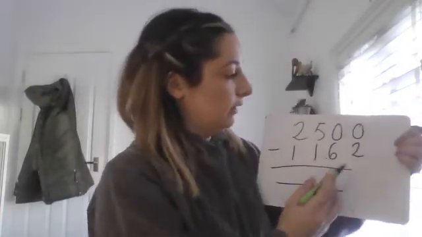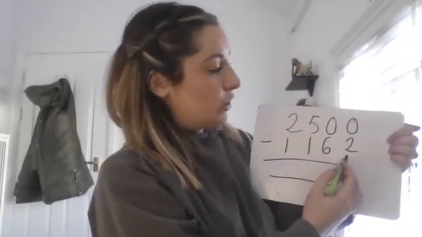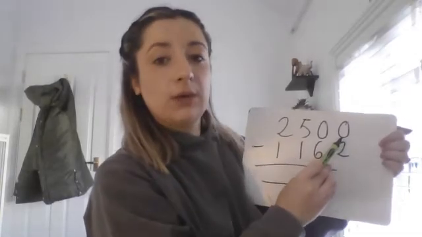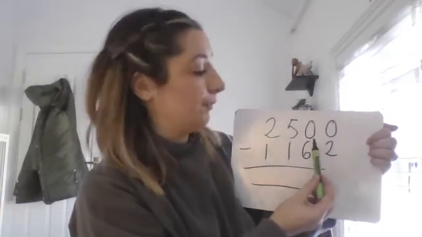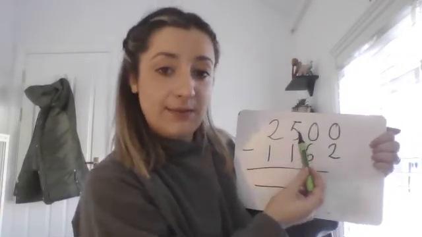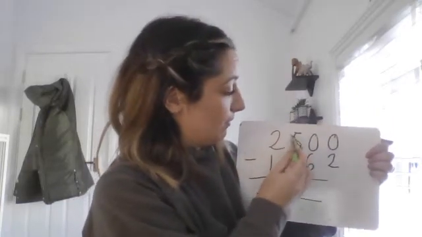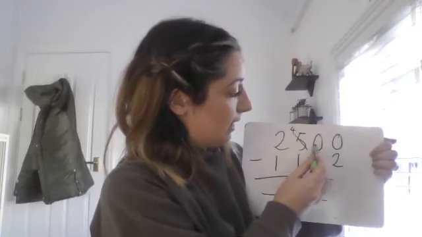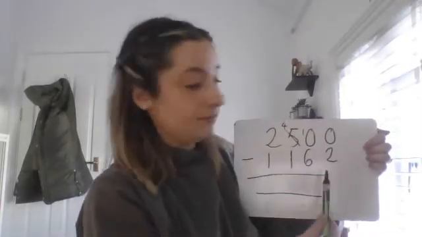Okay, I'm just going to move this way. It's easier for me to write. So I've got 0, take away 2. I've got a smaller value on top, so I need to go and exchange next door. But I've got a problem because that's also a 0. So I go to my next place value, which is on a 500. So I'm going to exchange. My 5 turns to a 4. My 0 turns to a 10.